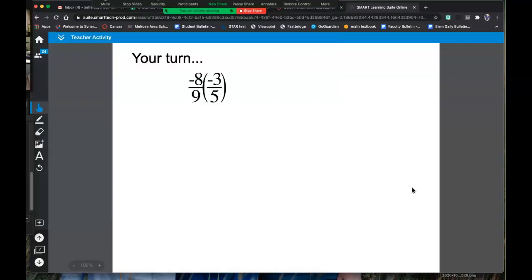And don't forget to simplify. So if you're getting an answer of 24/45, remember you can simplify that. Those numbers can both be divided by 3.